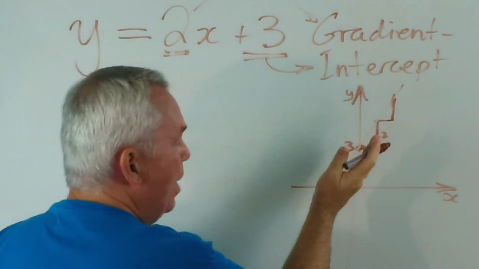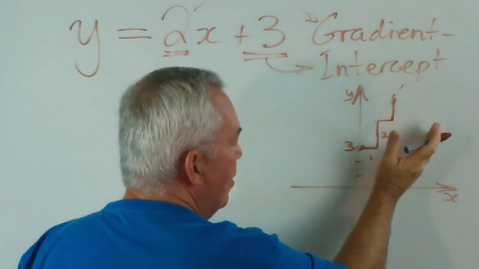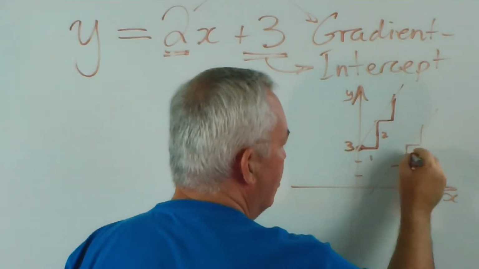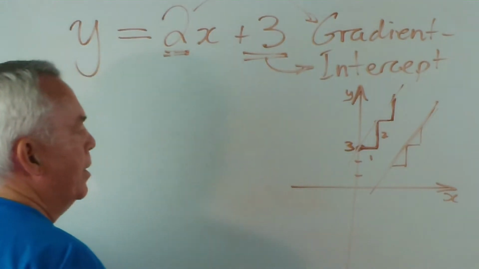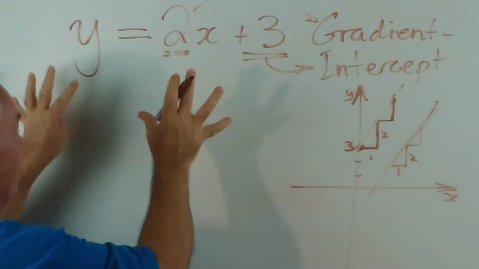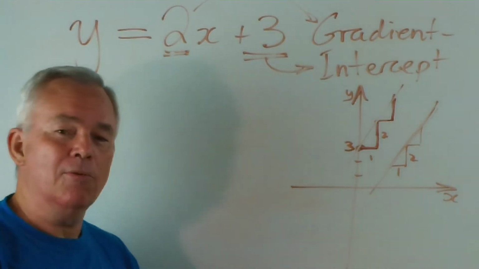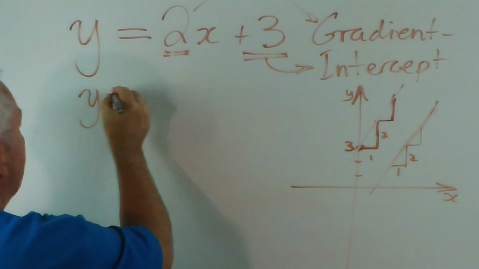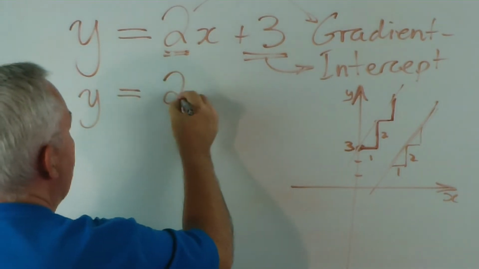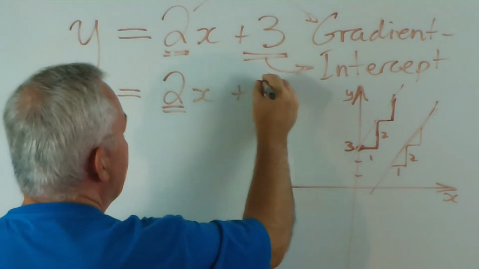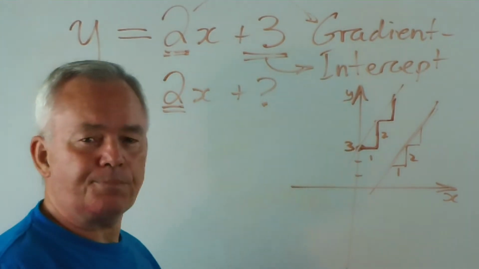Now, of course, every parallel line is going to have the same gradient. Across 1, up 2, across 1, up 2. I'm not drawing that very well. Which means that in this format, finding the equation for a parallel line is actually quite easy. In this case, it just means it has the same gradient as that one, and this is a great big question mark.